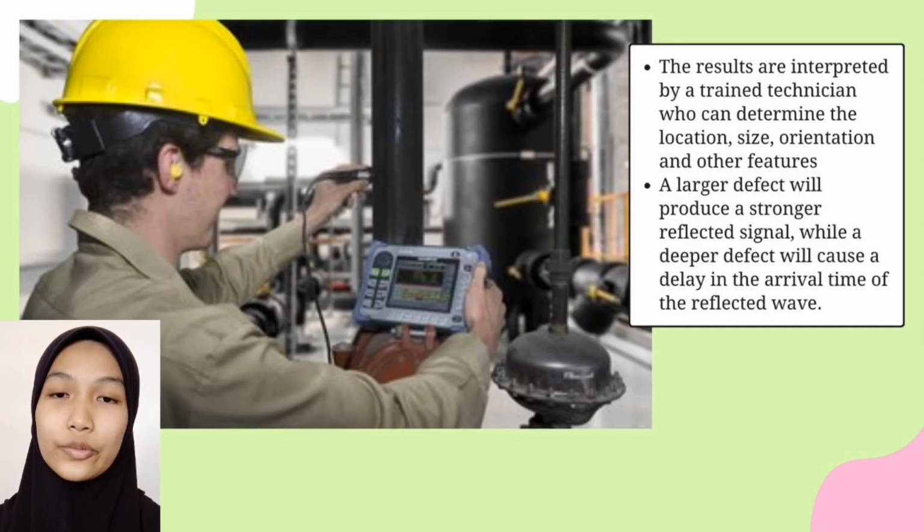The results are interpreted by a trained technician who can determine the location, size, orientation, and other features of the flaw or defect and decide whether it is acceptable or requires further action. For example, a larger defect will produce a stronger reflected signal, while a deeper defect will cause a delay in the arrival time of the reflected wave.